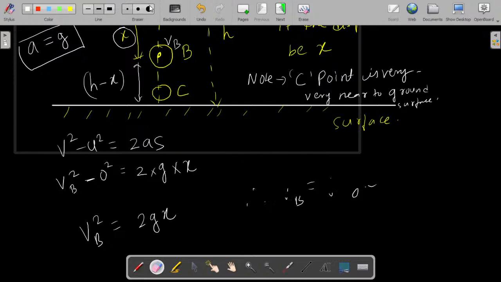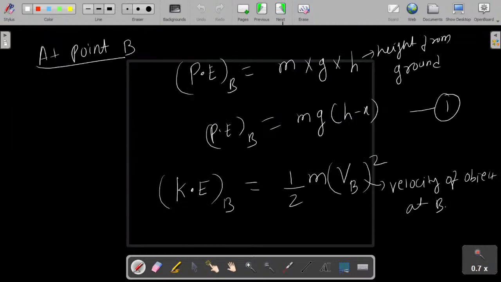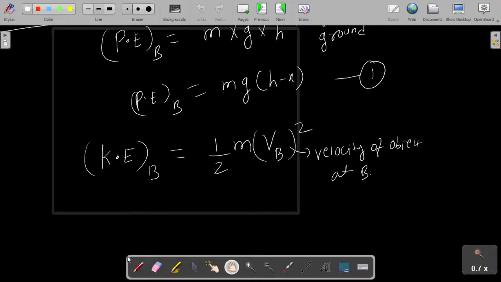What is the value of VB square? 2GX. You make a note. Here you have to write VB square. So you have the value of VB square. Put the VB square value here.